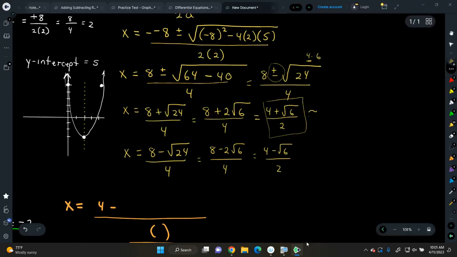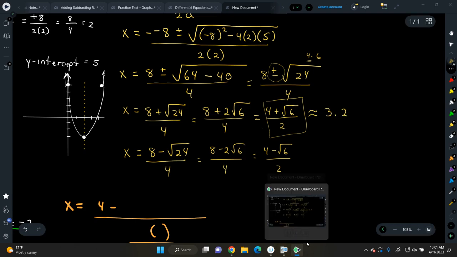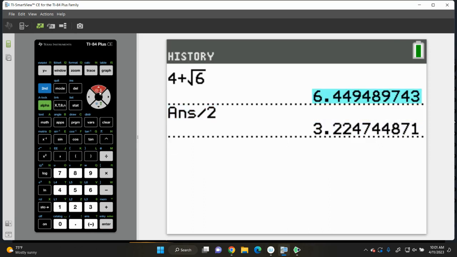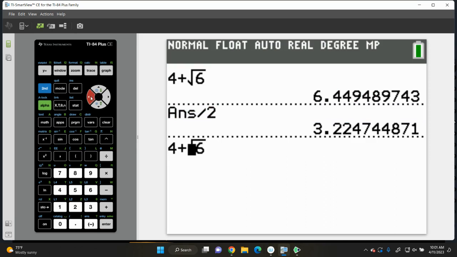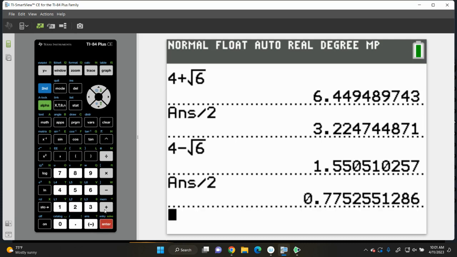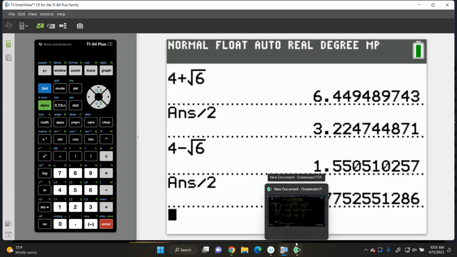Right, this is approximately 3.2. And then we're going to do 4 minus the square root of 6, and we'll divide that by 2. And we get 0.775. So we're going to say 0.78.